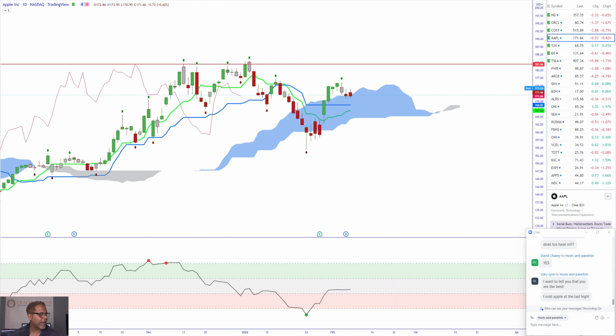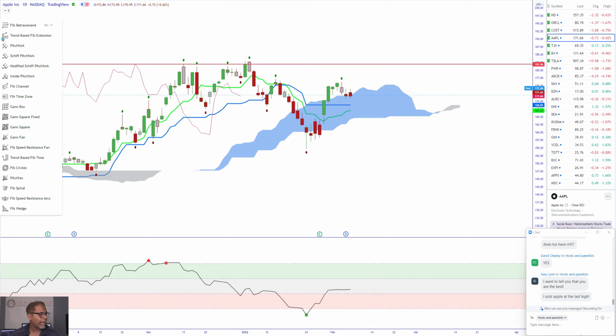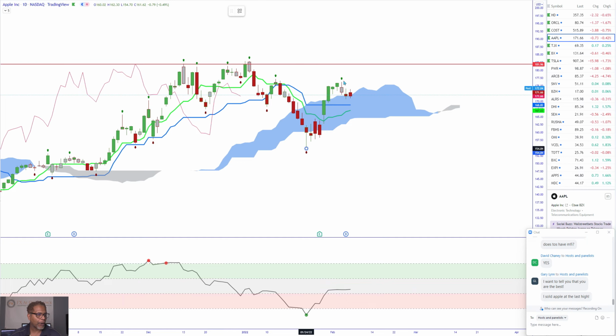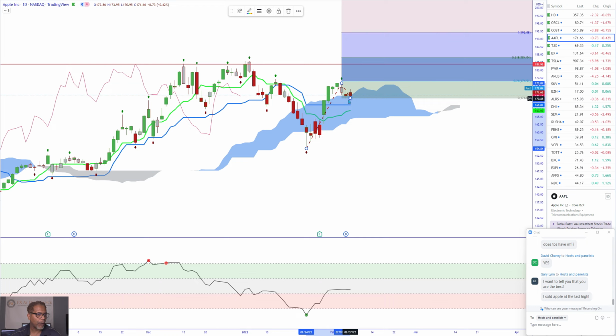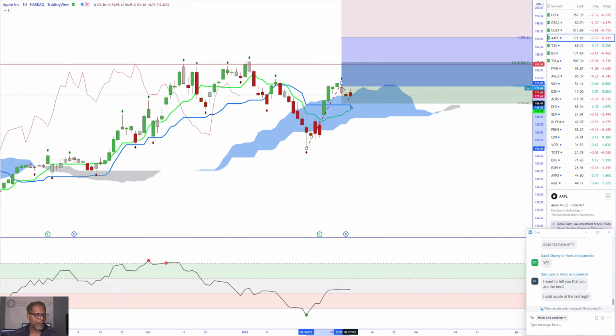And if we did not drop any lower, then we could see our target 1-to-1 at about 191.67. If it drops down to Kijunsen here, we're looking at about 189.95. So in that range, once the market starts moving higher.